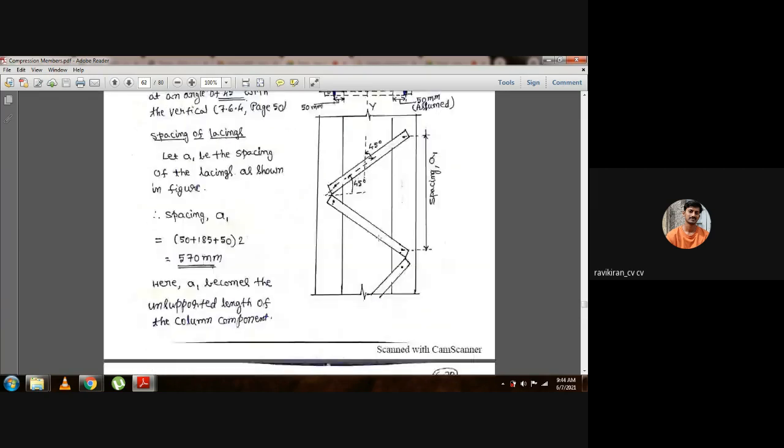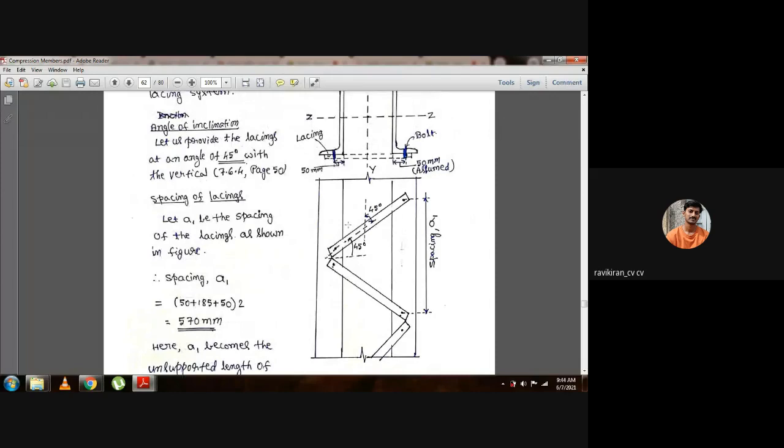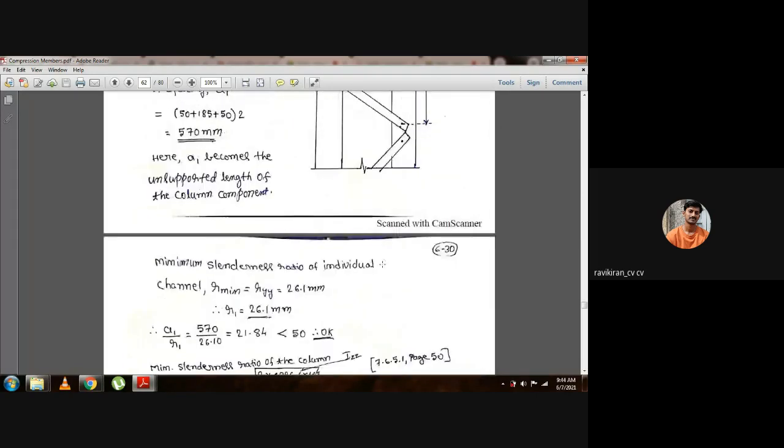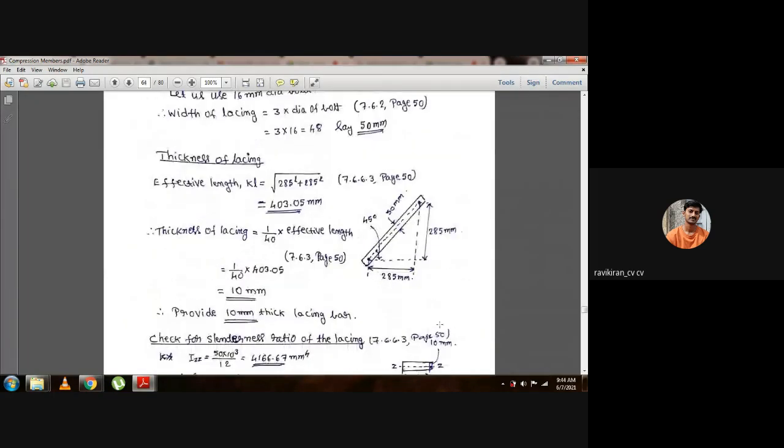Just go back here. 185 plus 50 plus 50 is the horizontal distance, 285. This is just Pythagoras. Effective length KL is 403.05 mm.